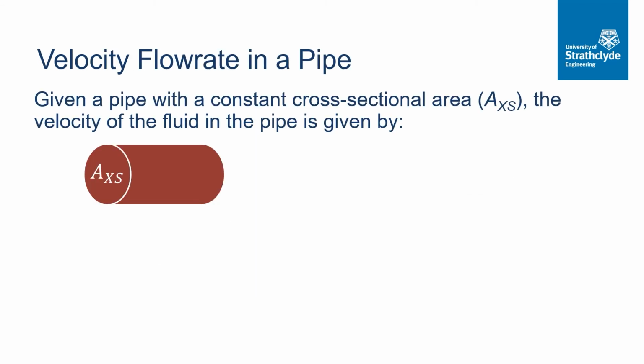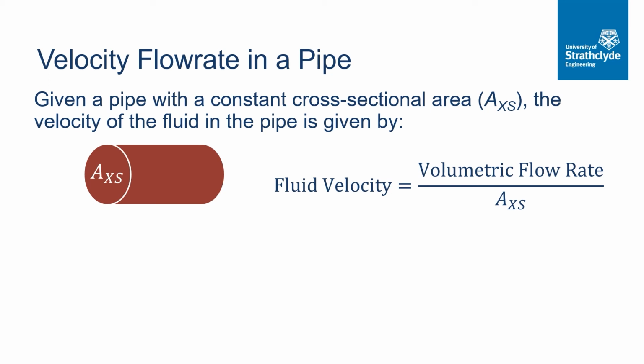Another interesting idea related to the volumetric flow rate is that of the velocity of flow in a pipe. That is, the velocity of a fluid through a pipe with constant cross-sectional area. A constant cross-sectional area is simply a pipe, not a cone, for example, but a pipe with constant cross-section. And the relationship for our fluid velocity is then given by the volumetric flow rate through our pipe divided by the cross-sectional area.